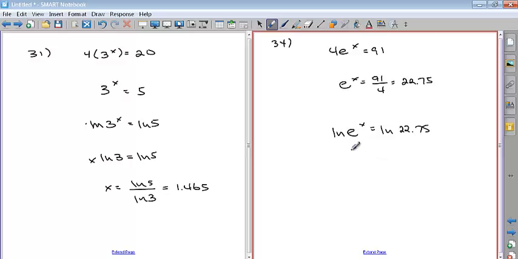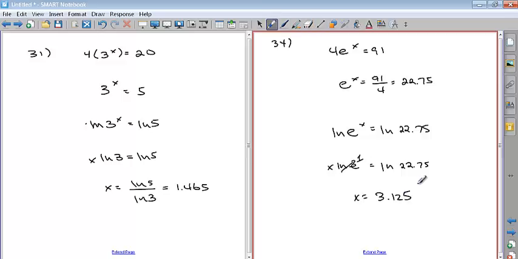In this case, again, you bring the exponent out. And the natural log of e is 1, so you just get x is equal to the natural log of 22.75, which is 3.124. 25, I guess, officially.